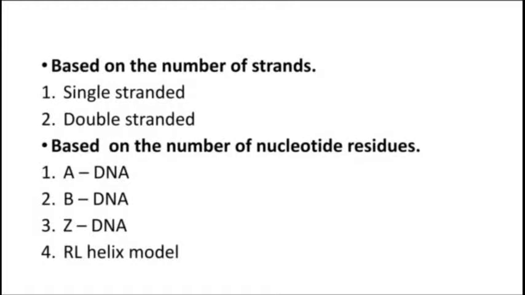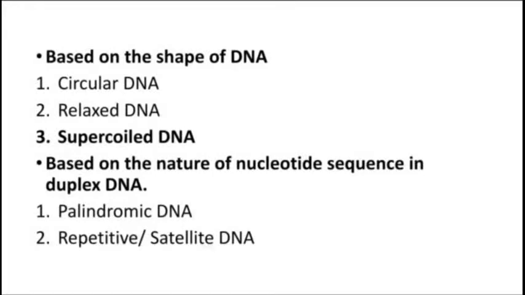Another classification is based on the number of nucleotide residues in the DNA molecule. They are aDNA, bDNA, zDNA and the RL helix model of DNA. Based on the shape of DNA, DNA is classified into three types.